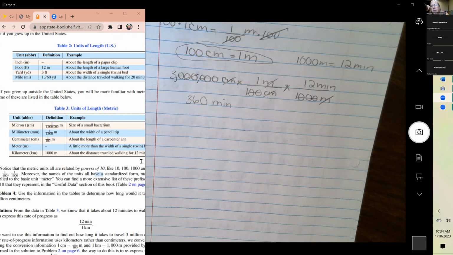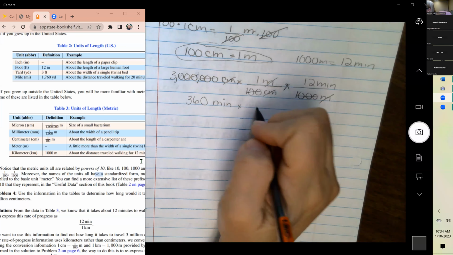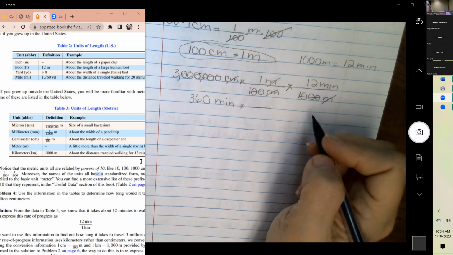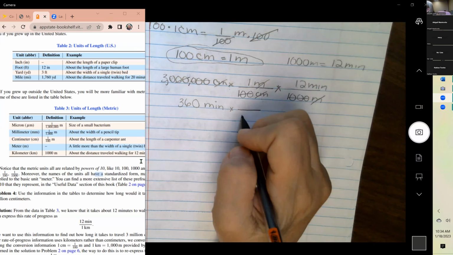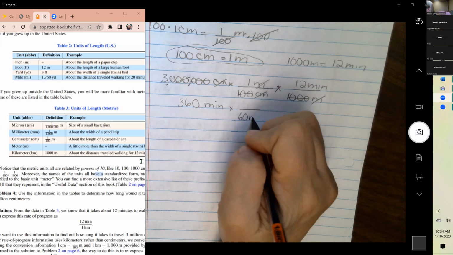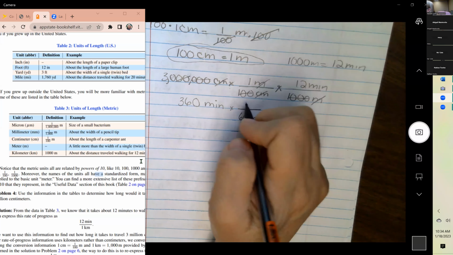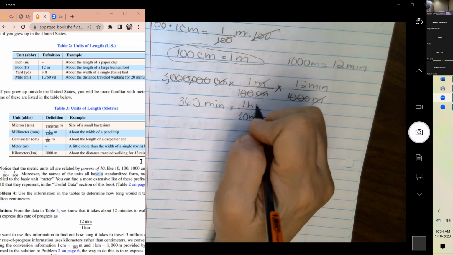Now, 360 minutes is kind of long. Maybe you want to change it to hours so that you can see it better. We know that 60 minutes are in an hour. So we would put minutes on the bottom so they'd cancel, and 1 hour on the top.